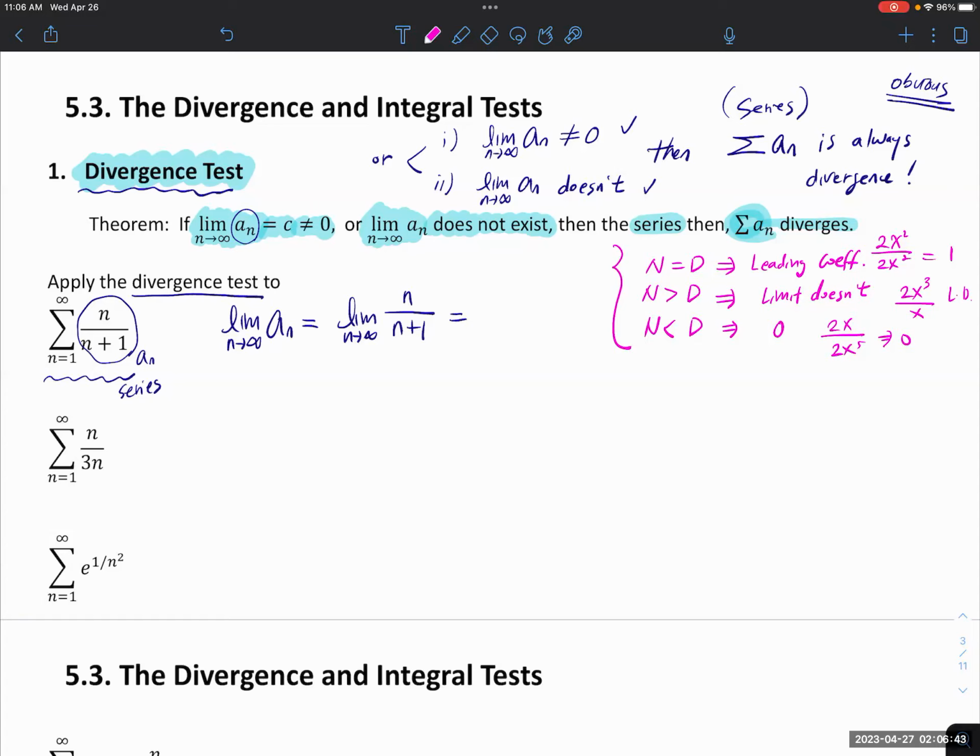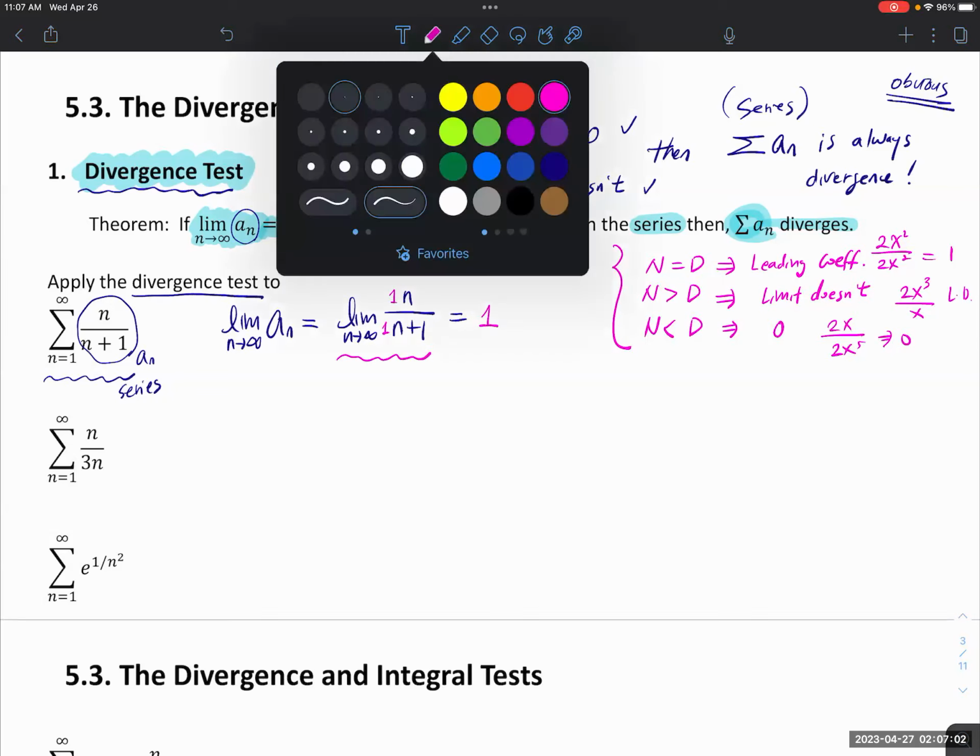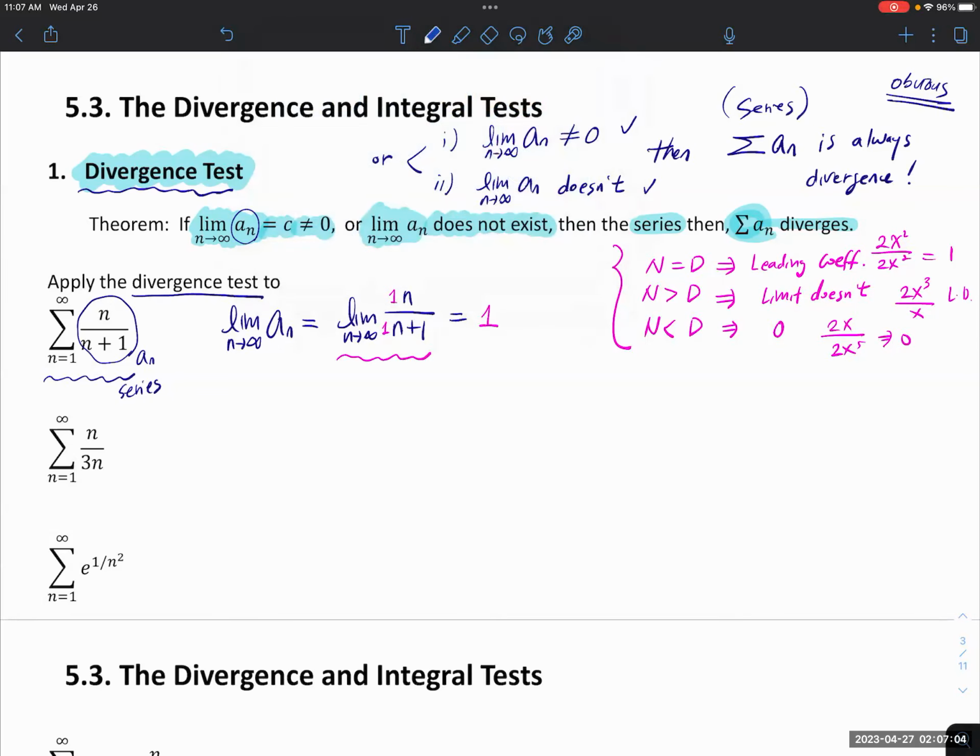Therefore, we can apply this calculus concept here because we're simply checking the limit. We have n top and bottom, the same degree, so there's an invisible 1 and 1. So what is the limit of n over n plus 1? It is just 1. So we proved that this limit is not equal to 0.